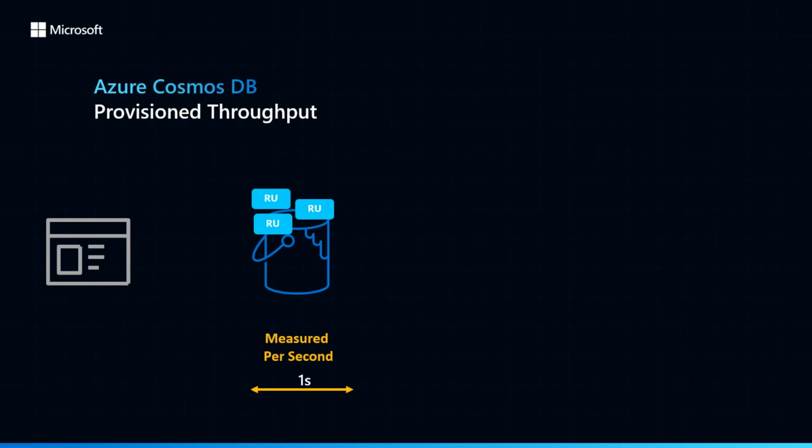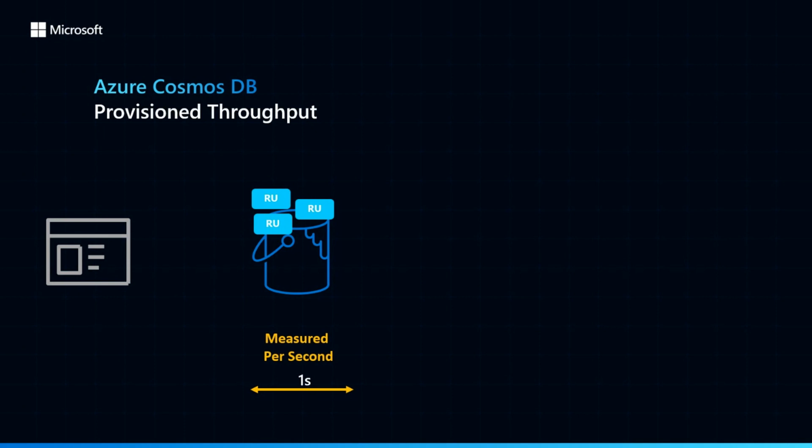Typically, you'll provision throughput for your workload. Cosmos DB provisioned throughput is the number of request units that you have available in any 1 second. If you provision, let's say, 100 request units per second, you will have 100 request units available for every second for your operations to use from.